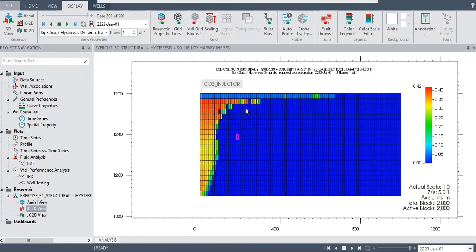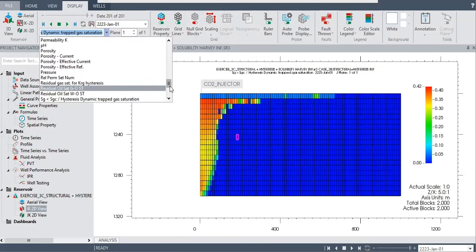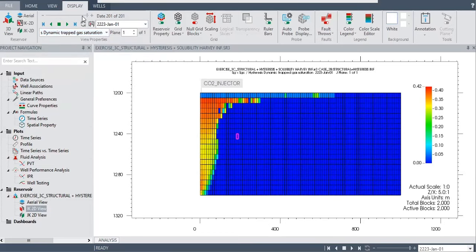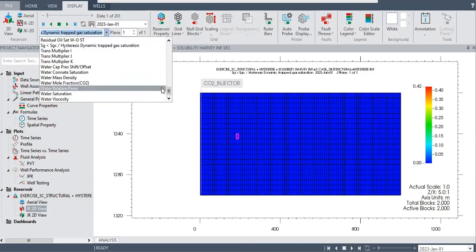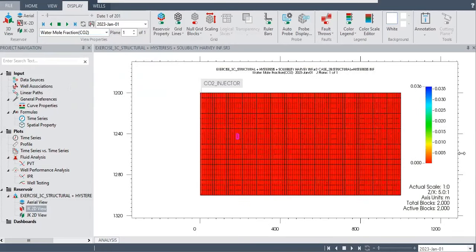And you can see the shape is quite interesting, and we will compare it with the case with limited aquifer later on. And we are also interested in mass density because we are dealing with the solubility trapping. So let's find water mass density or water mole fraction of CO2 starting from 0.